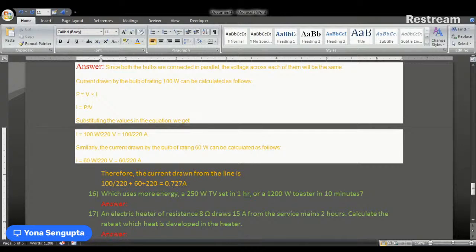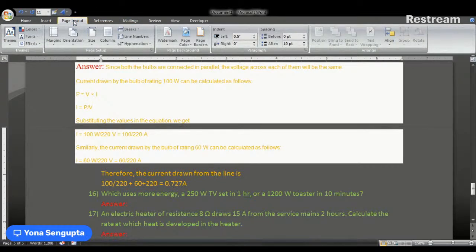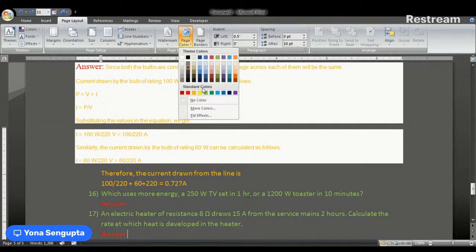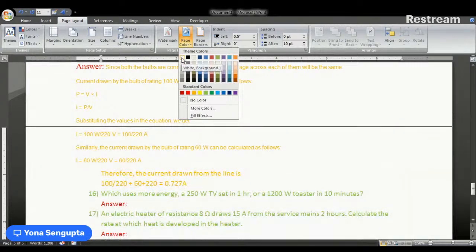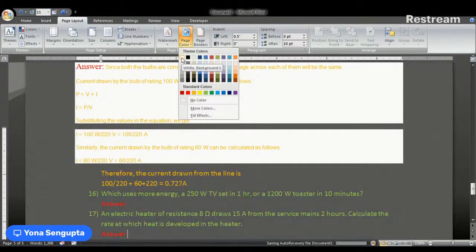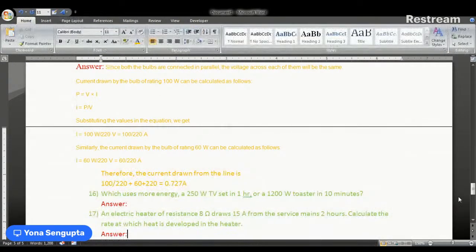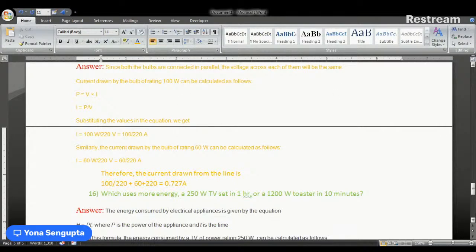So from these two calculations, it can be said that the energy consumed by the TV is greater than the toaster. So the answer to number 16 is this.